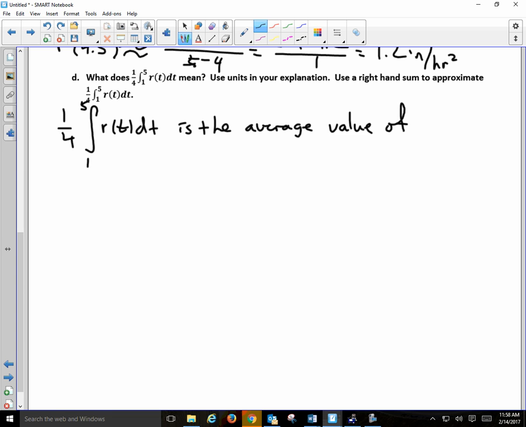Of the rate function, right? So you might want to write the average value of the rate of snow falling. Okay.